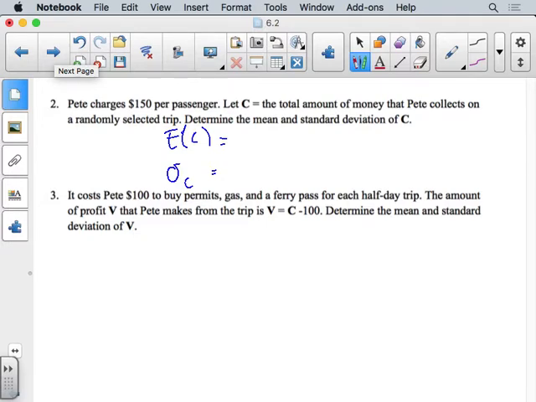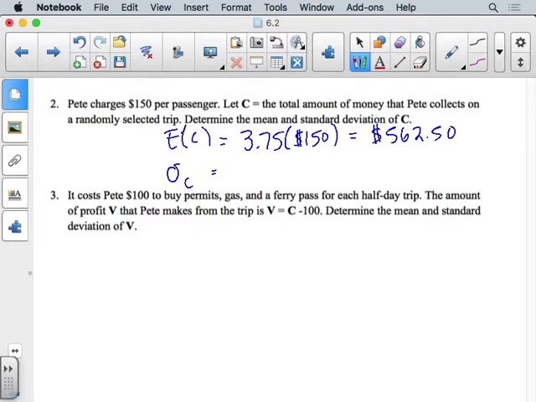So $150 a passenger, and we expect over many trials to get 3.75 people. So 3.75 times $150 is 562.50. There we go.